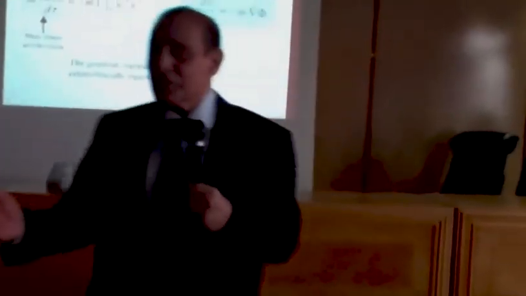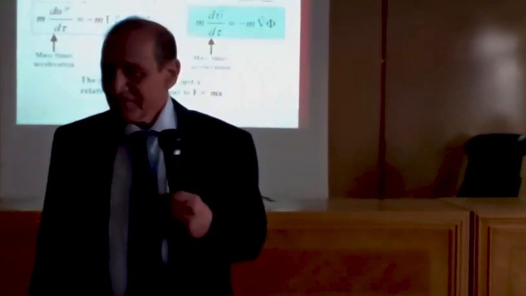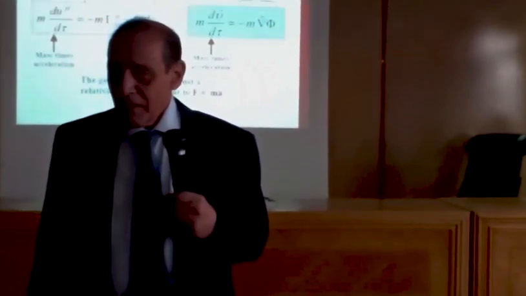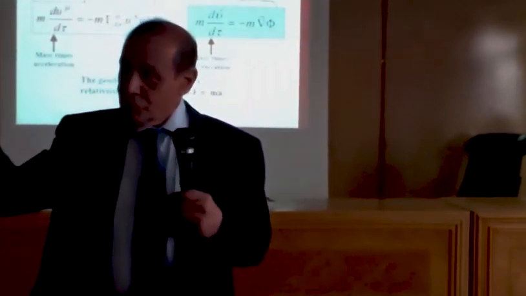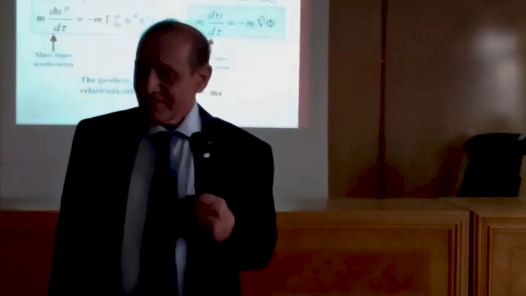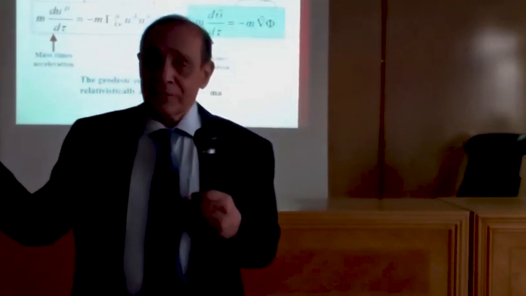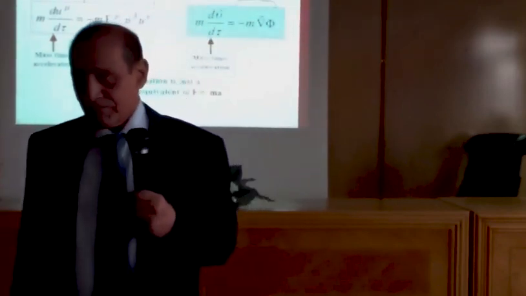What we are going to see in general relativity. General relativity was introduced by Einstein. Einstein introduced just the equation. Who solved it? The first guy who solved it is Schwarzschild.